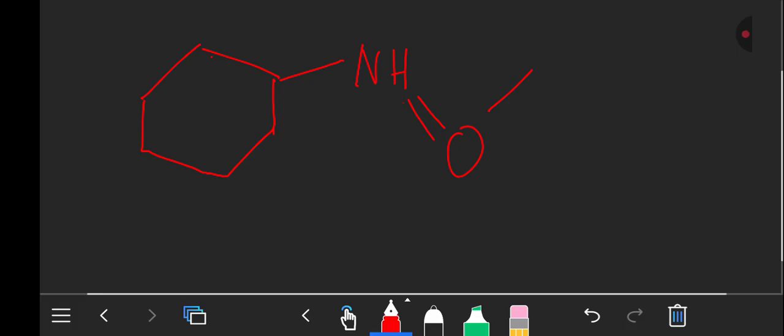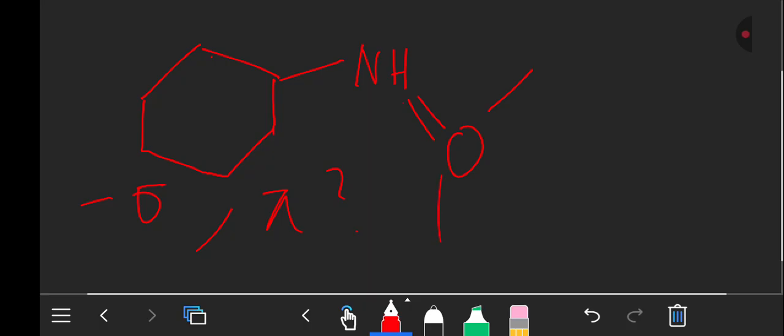Then the question is asking us to find the total number of sigma bonds and pi bonds present in this compound. And the other thing is to find the hybridization of carbon and nitrogen, including also oxygen.